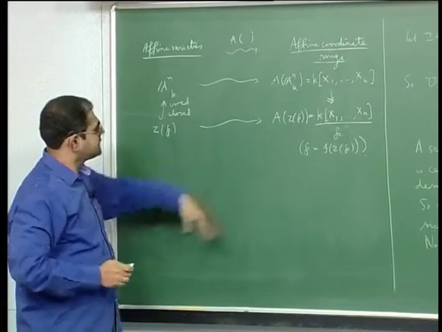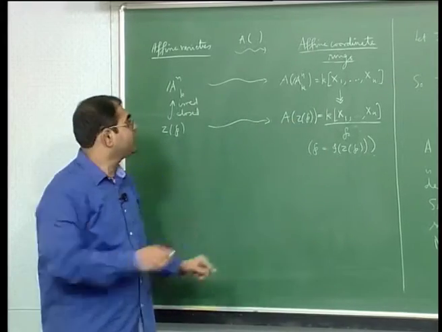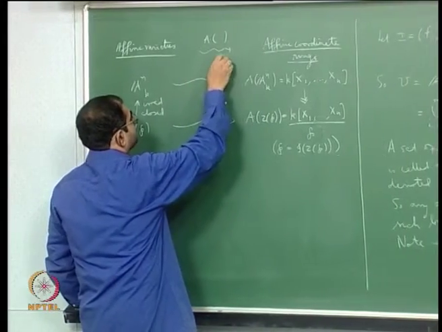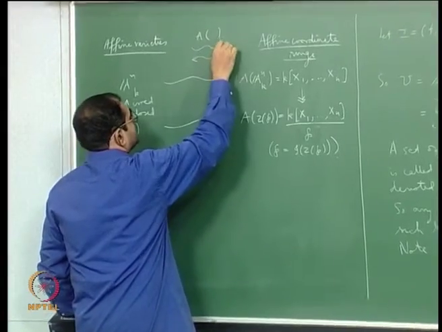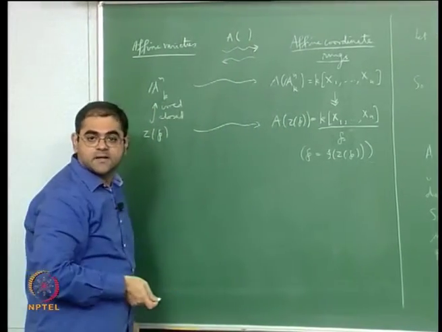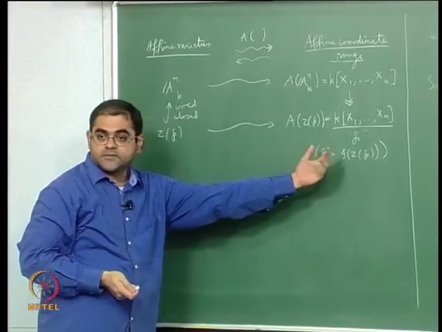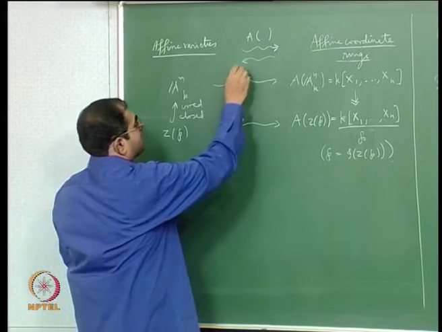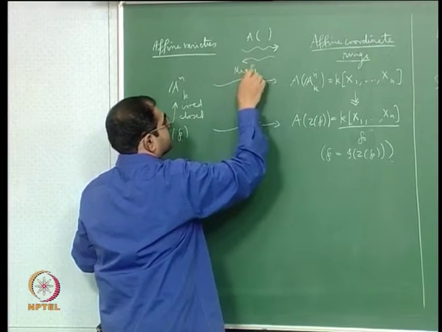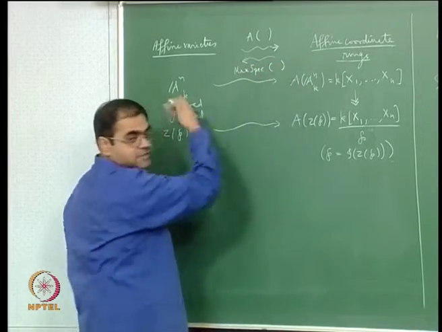This is a geometric picture, this is a commutative algebraic picture, and I told you that the equivalence comes because of an arrow going in this direction, and that arrow is actually given by max spec.